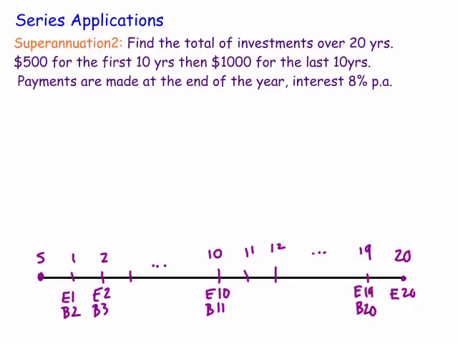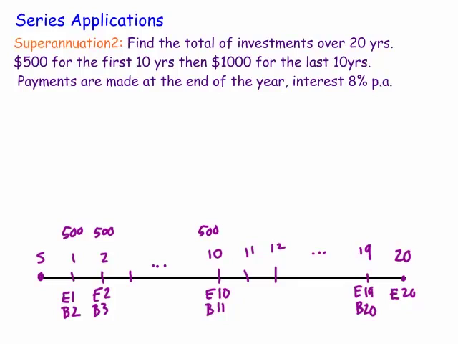Now we're going to put in $500 at the end of the year, so it's going to be 500 here, here, and so on for the first 10 years. At the end of year 10 there'll be 500 in.